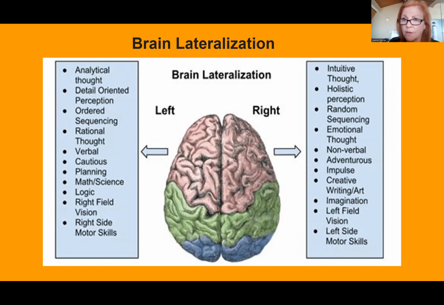It impacts intuitive thought. It impacts holistic perception, understanding the big picture of things. It impacts your emotional thought. It impacts nonverbal adventures. You can call those daydreams. So children can go off, right, pretty easily. It impacts creativity, writing, imagination, left side motor skills.